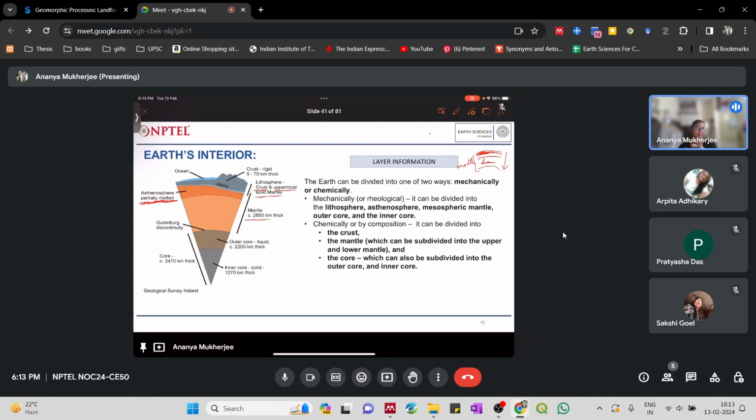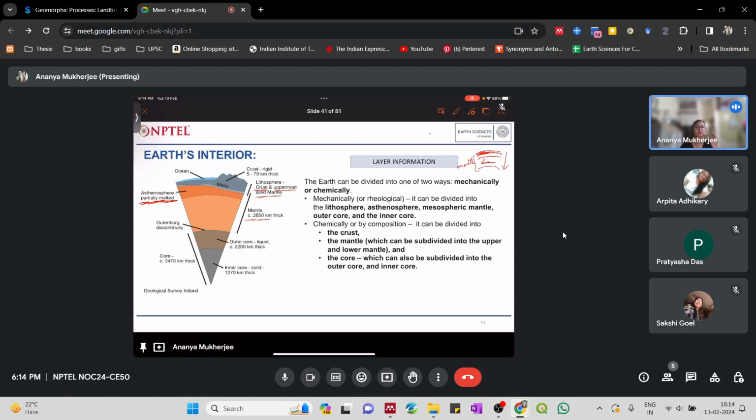We will see in the coming slides why these different states are there for the core itself. So this was based on the physical state that the material is in in the different Earth's interior layers.